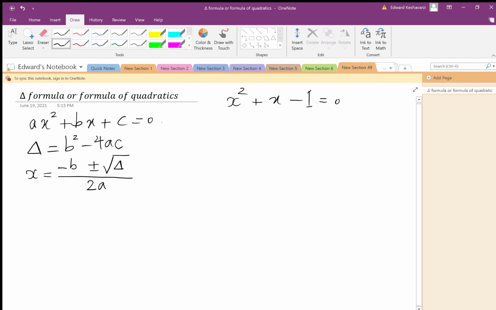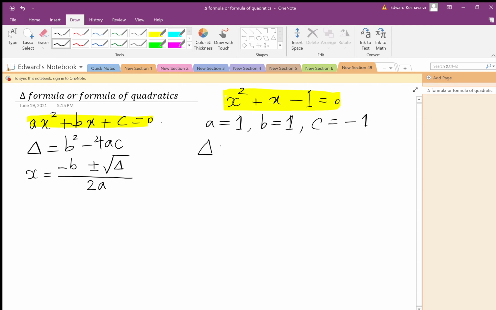Let me give you an example. Let's try to solve this equation that I made yellow, and I mentioned that this equation is not factorable. If you compare this with the general form, it's easy to see that a equals 1, b also equals 1, and c equals negative 1.